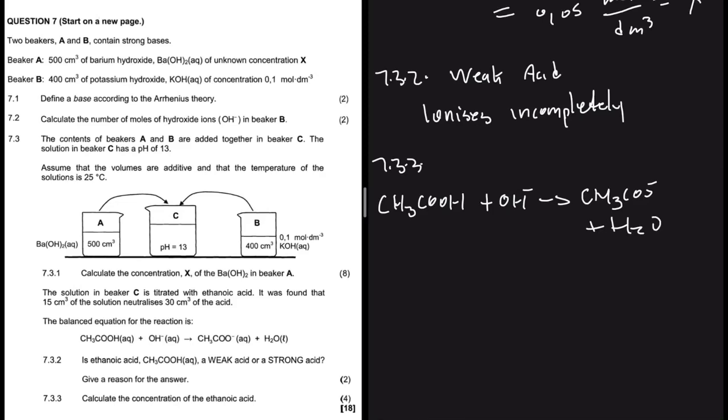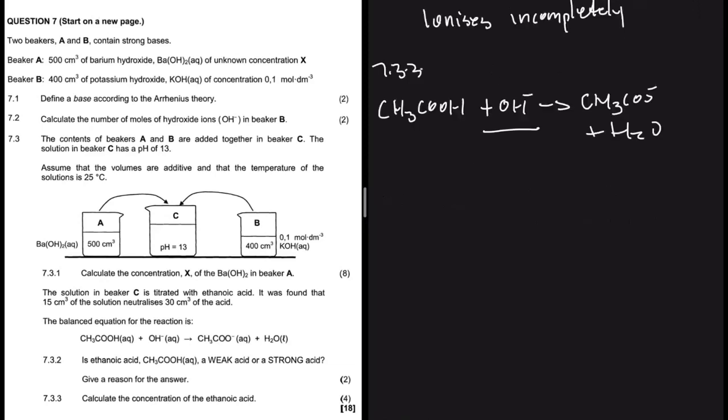If you pay careful attention, when you are doing problems in chemical equilibrium and acids and bases, you are always relating the number of moles. You start with one and then you try to figure out the other, and vice versa. So we have information for OH⁻, which we can use to determine the concentration of the ethanoic acid.